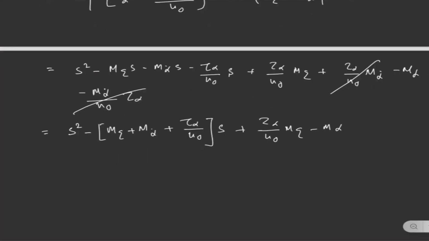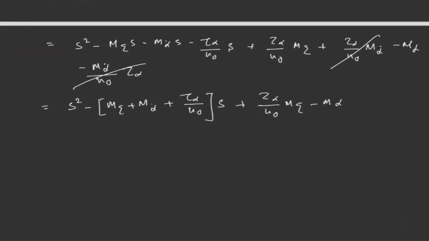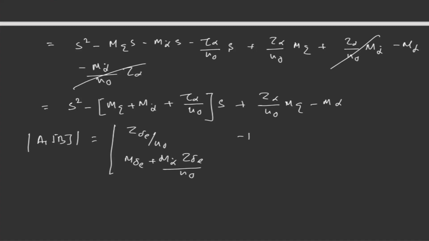This is the determinant of a matrix, and now we'll find both the cases, the numerator part. The denominator part we have done. For the numerator, we'll find A1 B, for which we can form the matrix: G delta I U naught, minus 1, M delta I plus M alpha dot G delta I divided by U naught, S minus M cube plus M alpha dot.